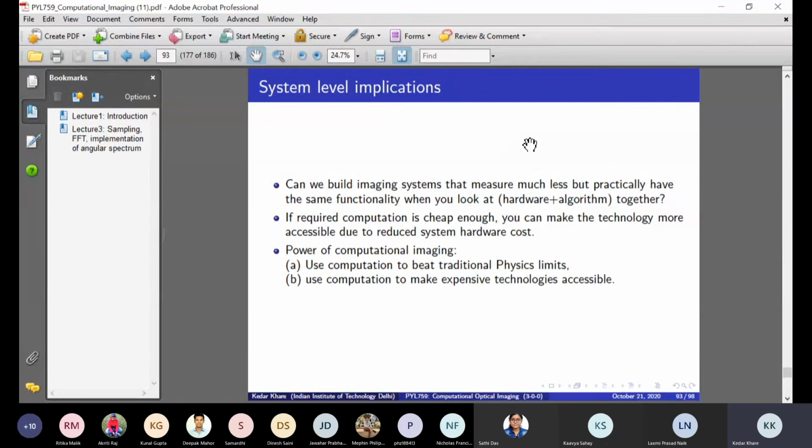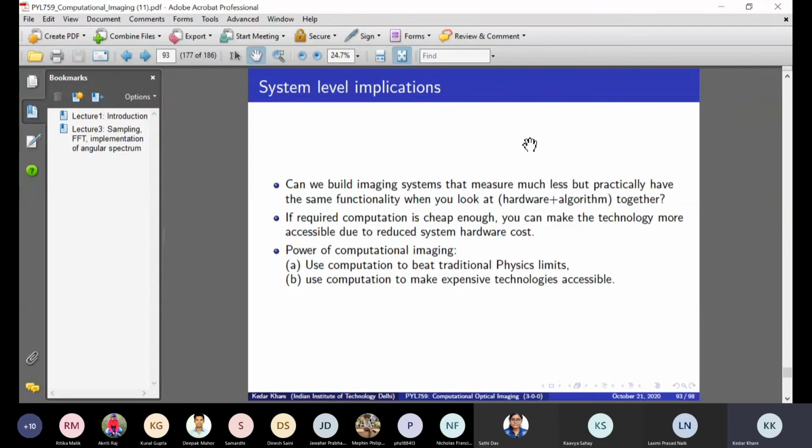And so if the computation is cheap enough, you can make the technology. So there are two things. Number one is, you can make the technology accessible by reducing cost. So a much higher cost device can become much cheaper by making fewer measurements and then enabling an application at lower cost.